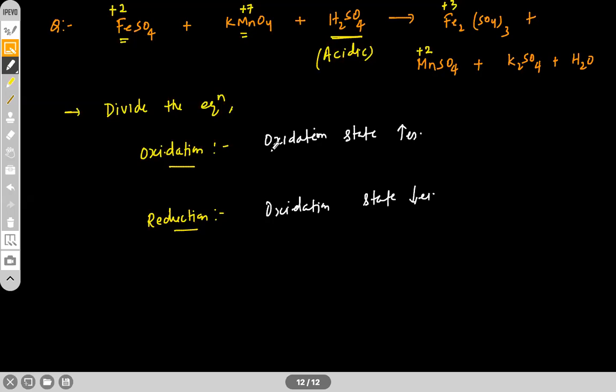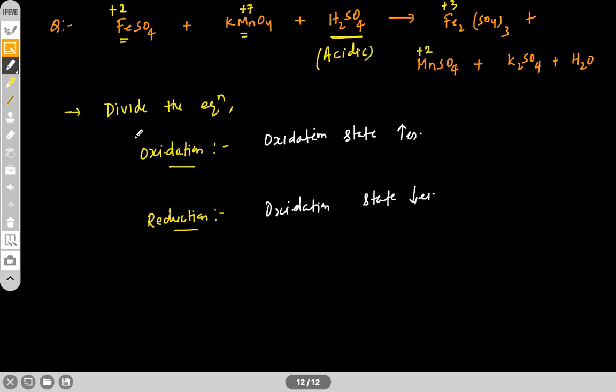So how to find out the oxidation half and reduction half? By calculating the oxidation state. If you make a mistake over here, everything is wrong after this. Okay? So that's why the oxidation state is very important. Once you know which atom is going under oxidation, you just have to write down the equation. So Fe2+ is converting into Fe3+ ion here.